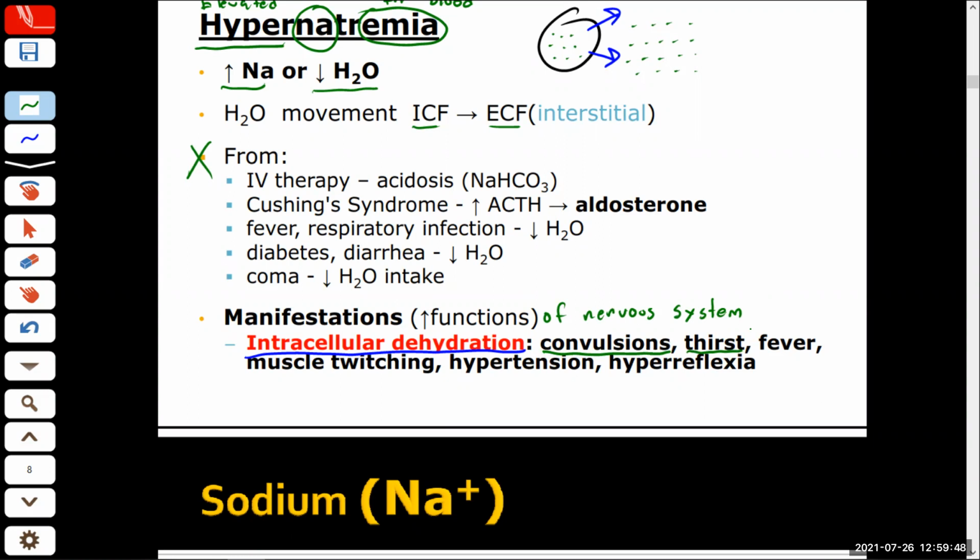Thirst is a vital reflex. What should happen to your vital reflexes if you are dehydrated? Increased functions. What happens to your vital reflexes during hypernatremia? Same way, yeah, it increases. Same question, just asked two different ways.